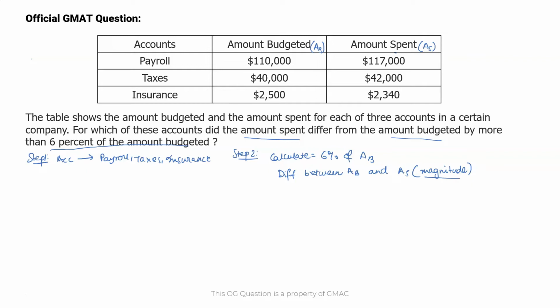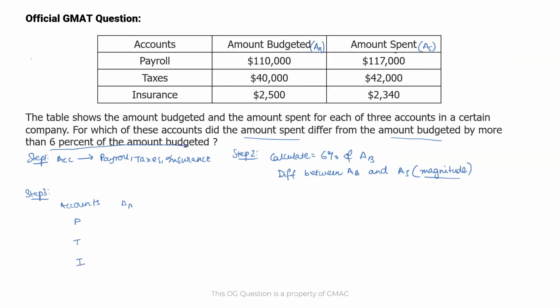We now move on to step 3 since we have all the information that is required for further calculations. So in step 3, let's write down the accounts that we have, which are payroll, taxes and insurance.